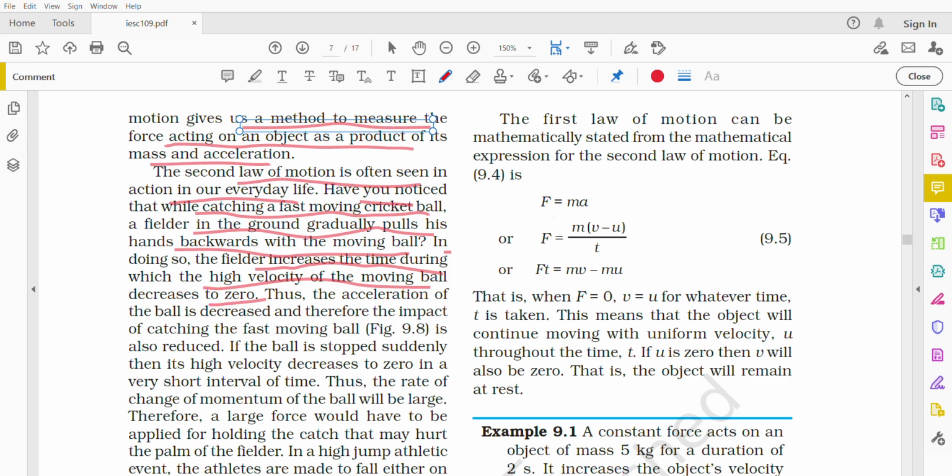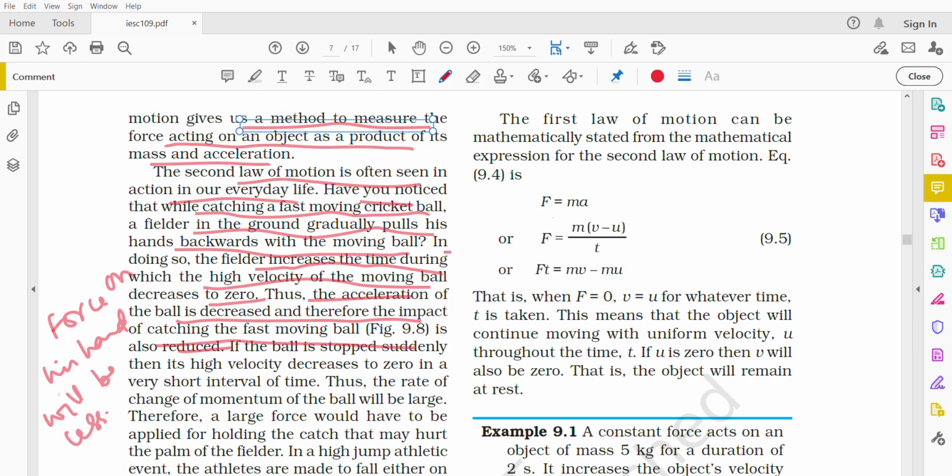The acceleration of the ball is also decreased, and therefore the impact of catching the fast moving ball is reduced. The force exerted on his hand will be less and he won't get hurt.